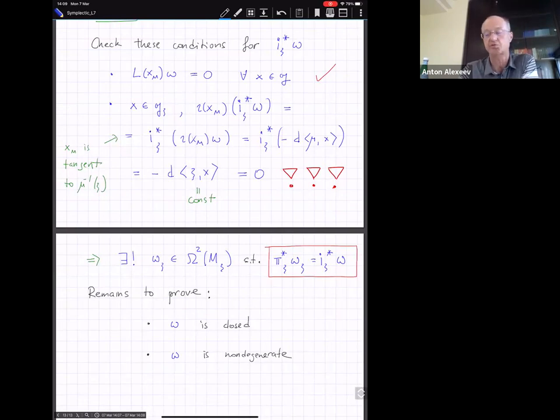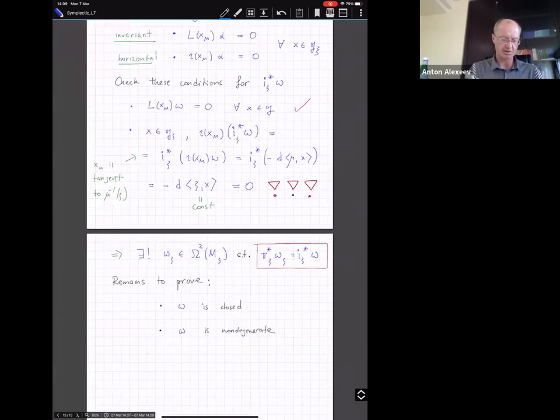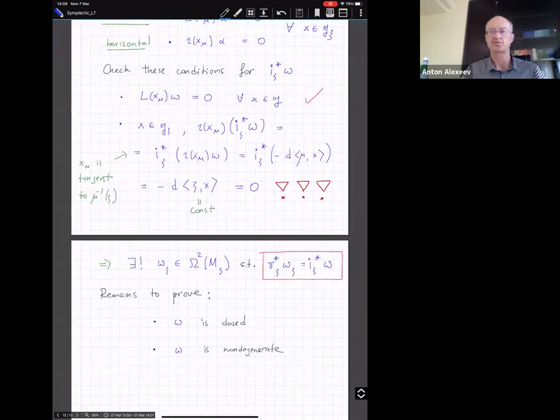We will use it to construct a big family of interesting and important symplectic structures, and probably also talk about toric geometry using symplectic reduction. I think that will be the plan next time.